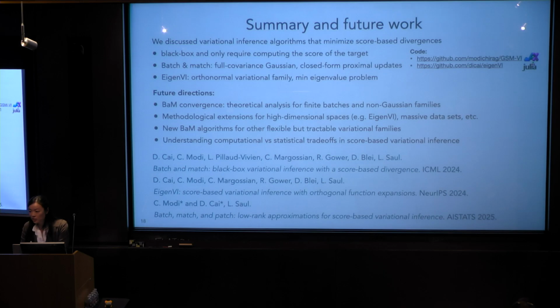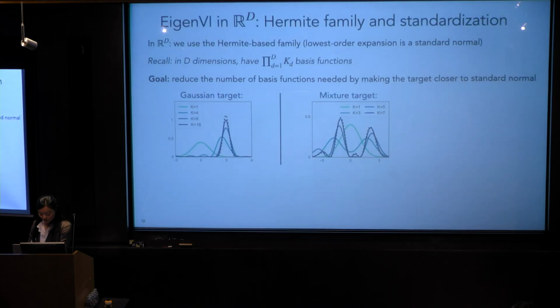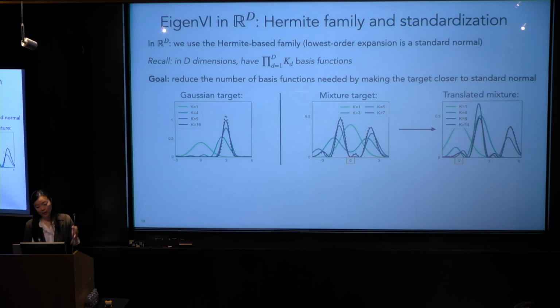That's certainly something you can do, but you have to figure out how to do that. One approach we did here, which doesn't scale to very high dimensions, is essentially this standardization approach. So let's make the base distribution as close as possible to a Gaussian. This is in the Hermite case.